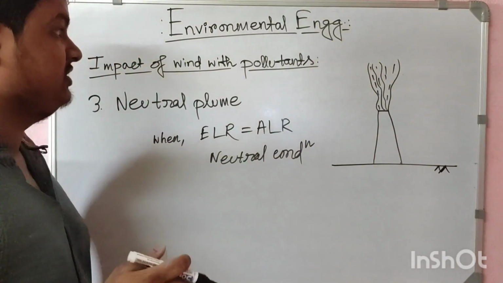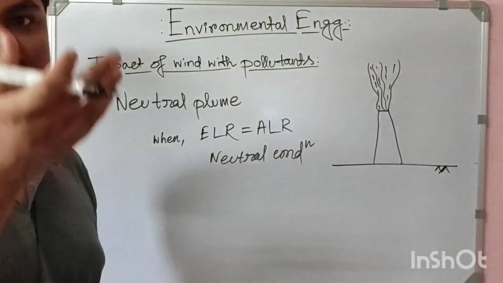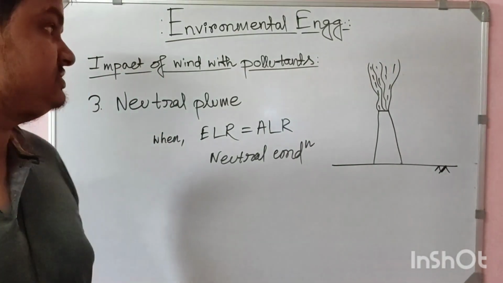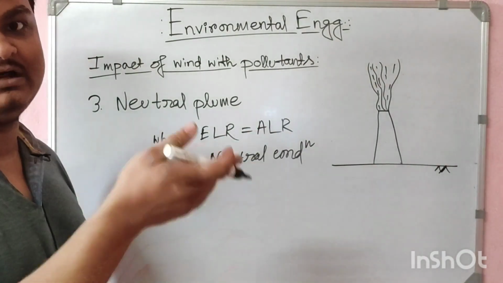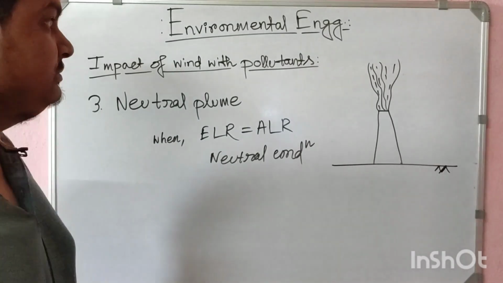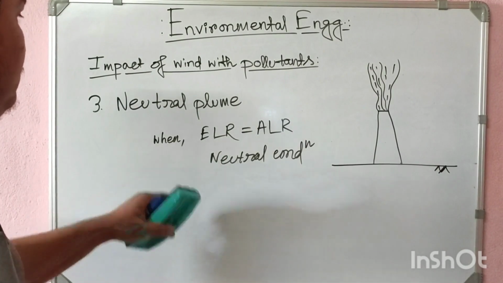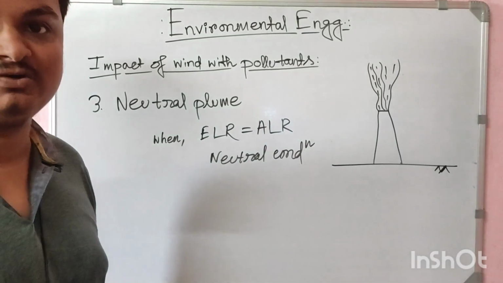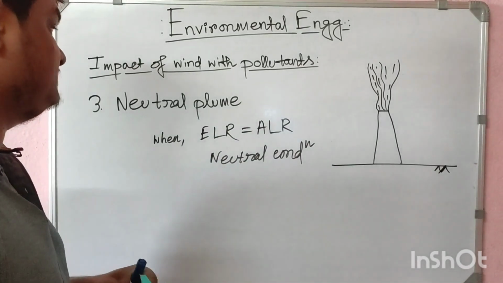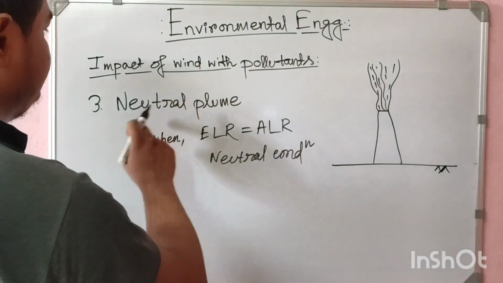Because ELR equals ALR, this is just simple upward movement of air. There is no surrounding movement of the air, just simple upward rising of the air with the pollutants, and this is the neutral plume. When the environmental lapse rate is equal to the adiabatic lapse rate, this condition happens, and this plume we call the neutral plume.